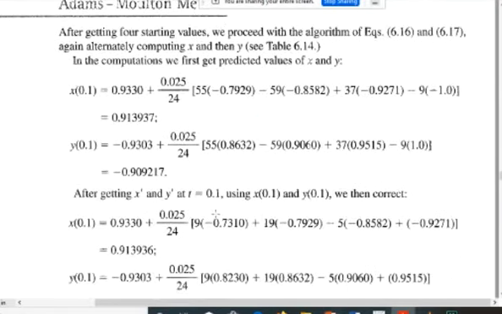x at the next step can be computed with equations 6.16 and 6.17, and the value of x is computed at this value.